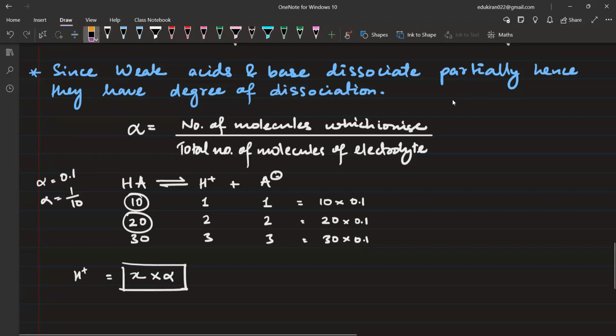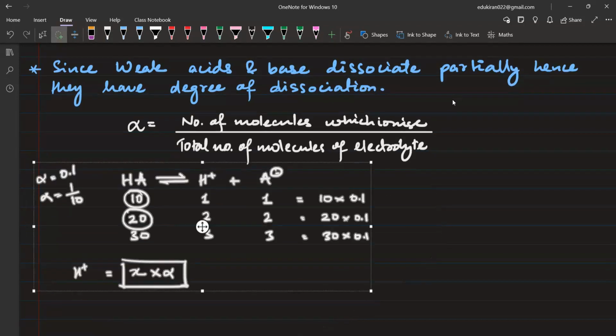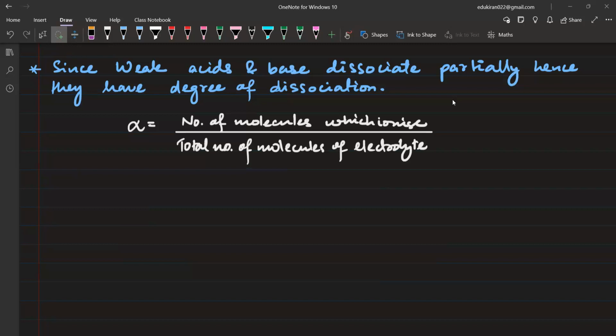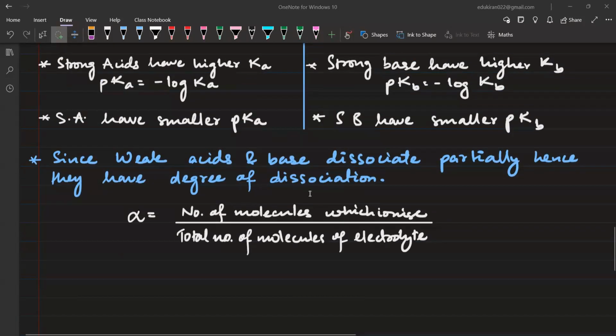ठीक है, अब ध्यान दीजिए जरा। Let me just erase these part. डिग्री ऑफ डिसोसिएशन ये दोनों के लिए ही है, एसिड्स और बेस दोनों के लिए। ठीक है ना?